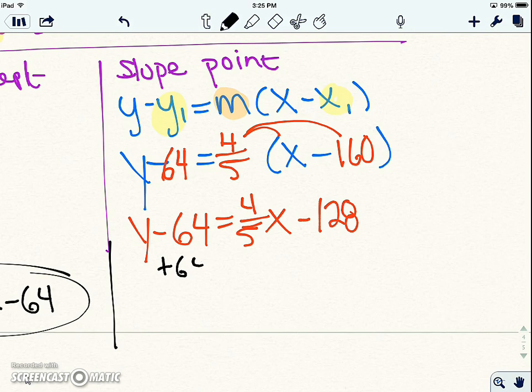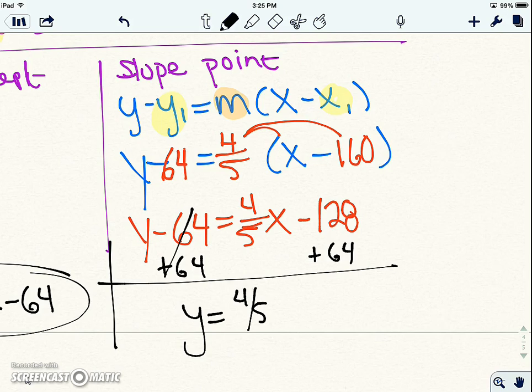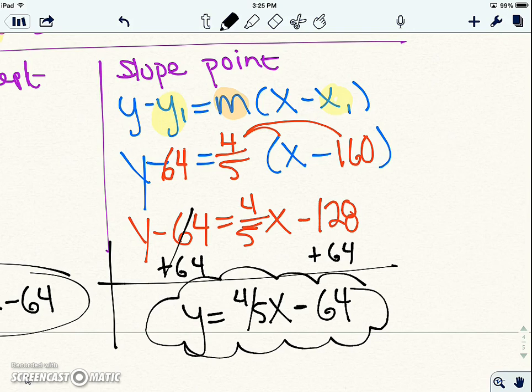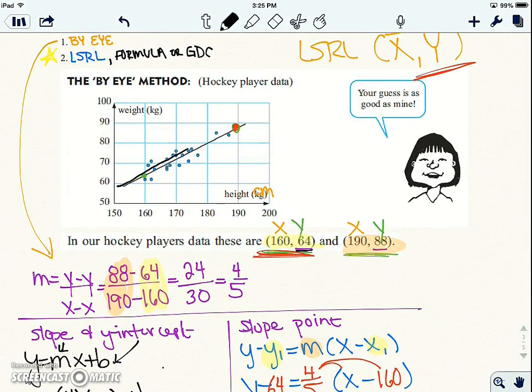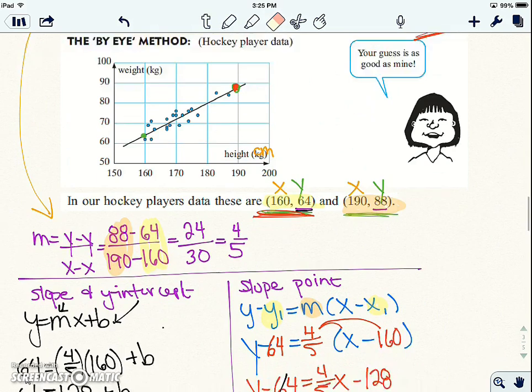Add 64 to both sides, and you get y equals 4/5 x minus 64. So they're both going to give you the same equation. Okay. That is our line of best fit. That's the one that we drew in, but we really want the perfect one, and we'll talk about that next time.